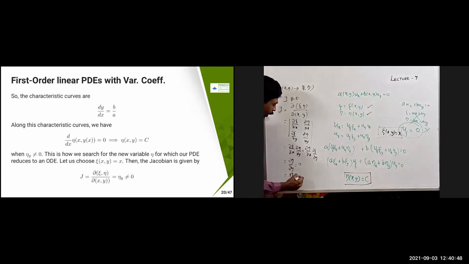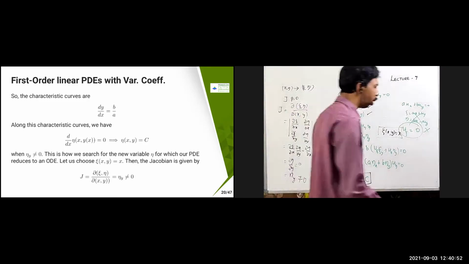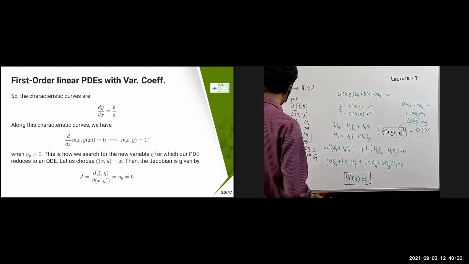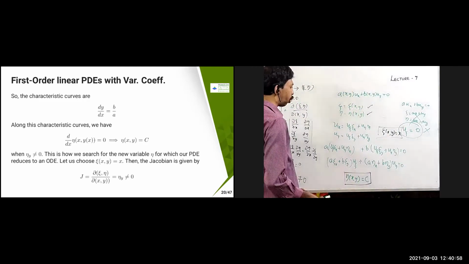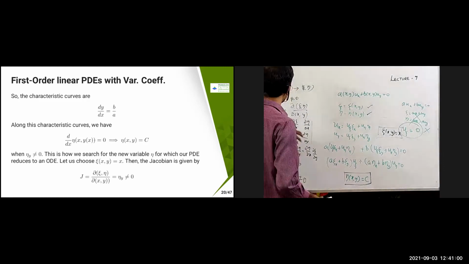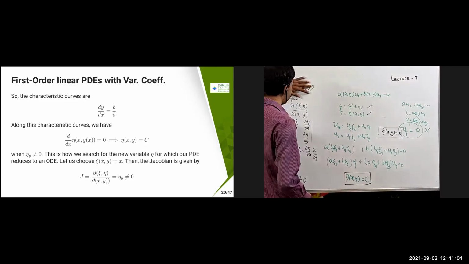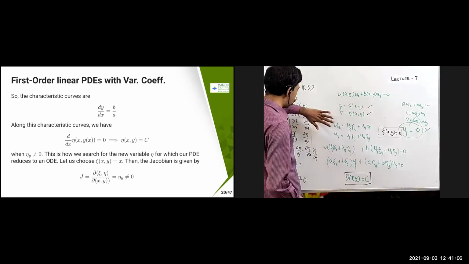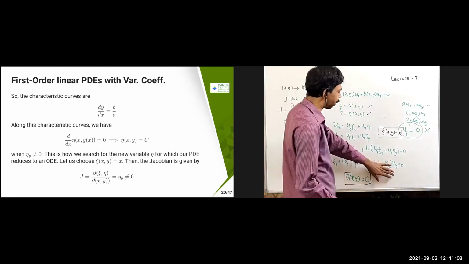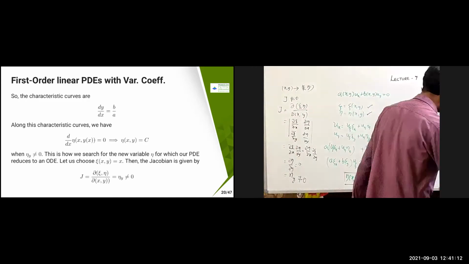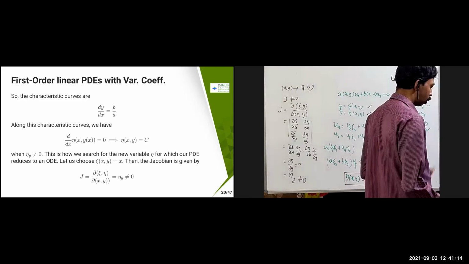If I choose my eta y not equal to 0, then this transformation is going to be unique, and you are going to solve the problem in such a way that this becomes 0. Let us see how it is becoming. Any questions on this one?